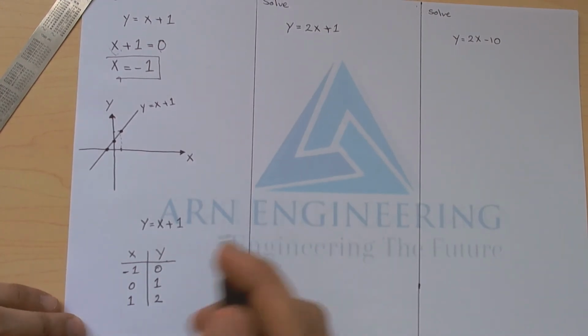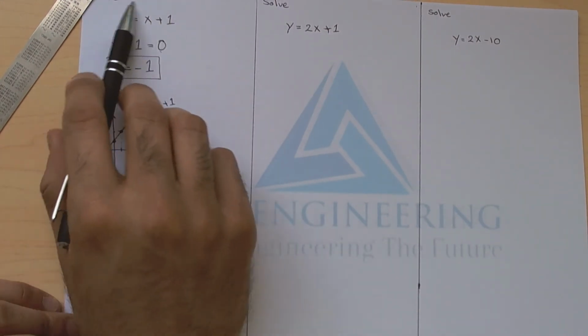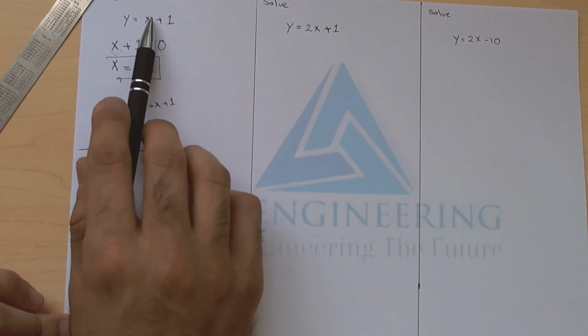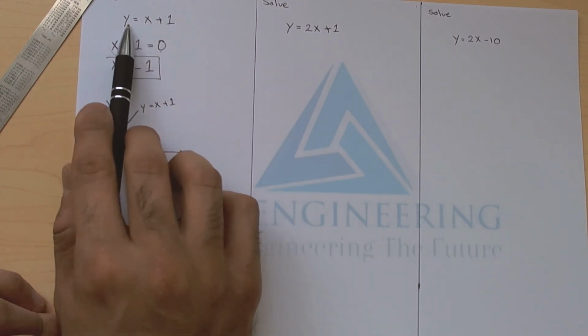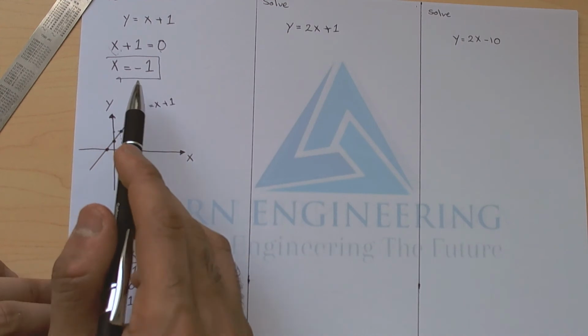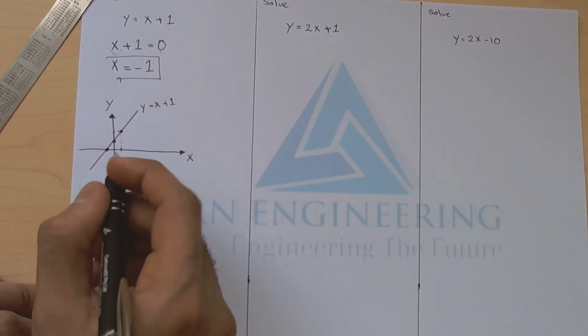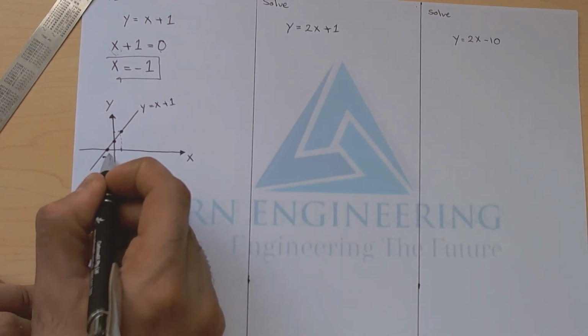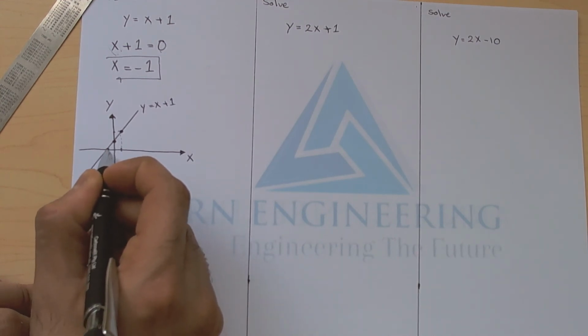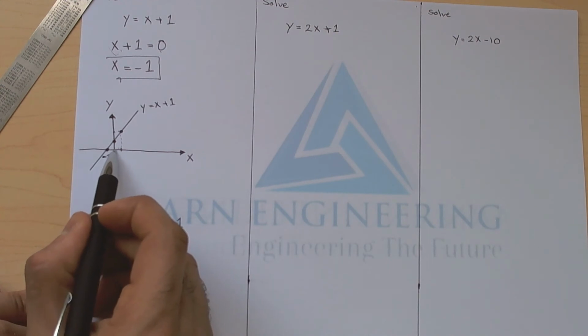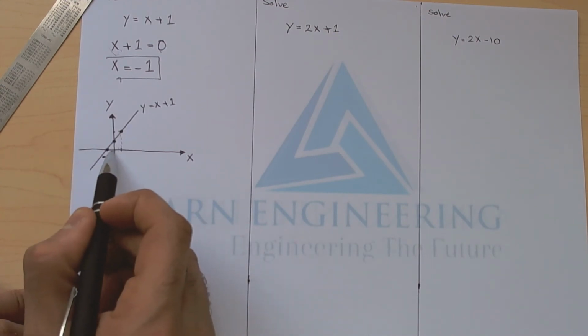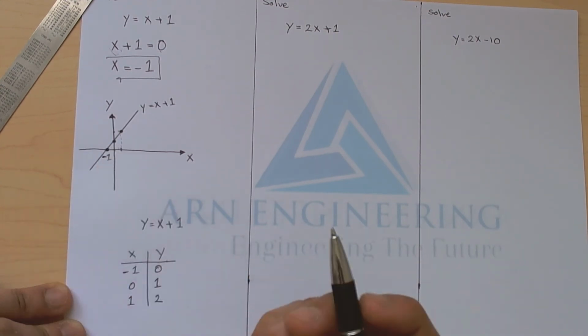So again, solving an equation means finding out at what x values y is 0. So we solved it and found out that x value is -1. So again, we can double check that here. That x value is -1, and as you can see, y is 0 at an x value of -1.